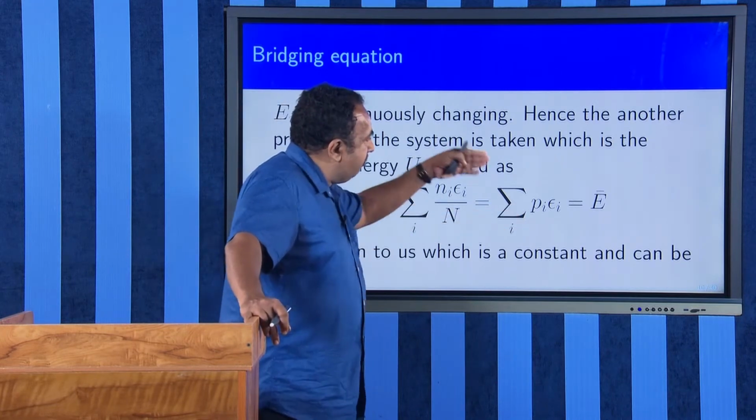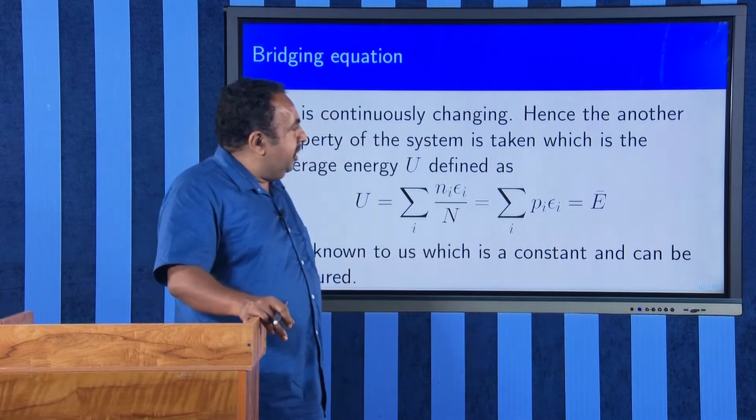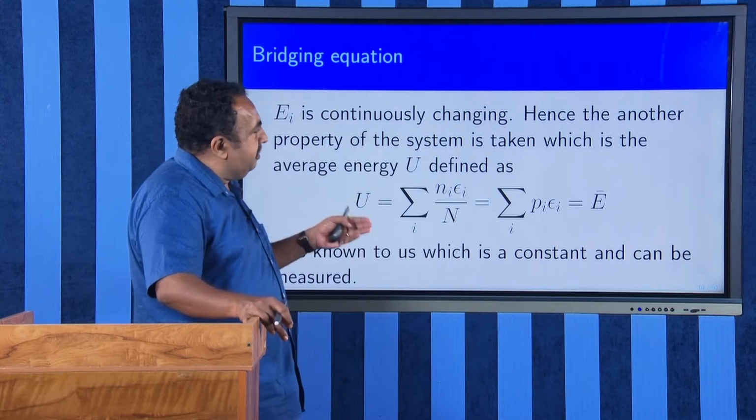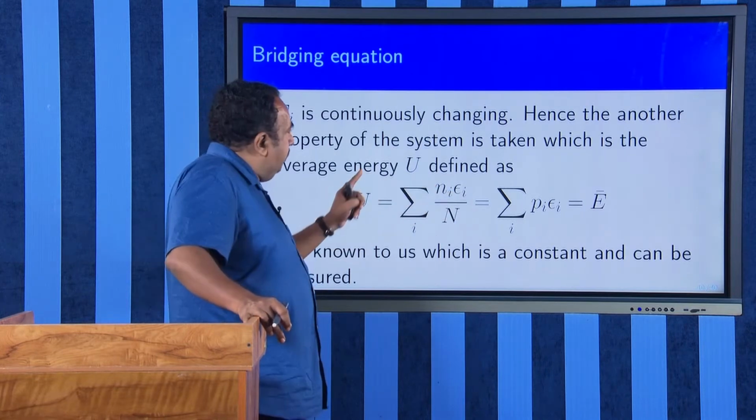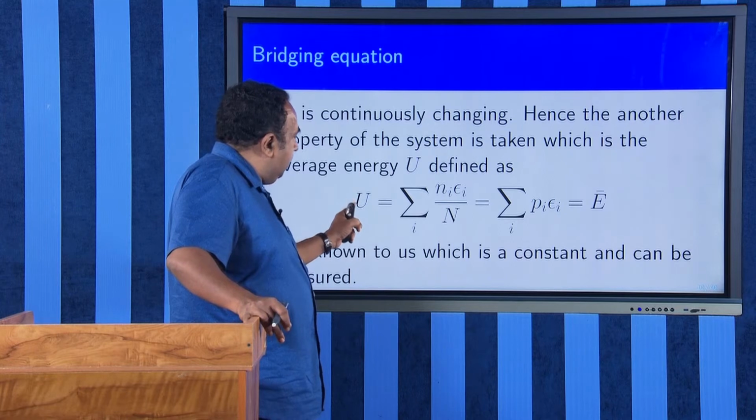Therefore, you can rewrite this equation as the sum over i of Pi epsilon i, and that is the average energy, represented by the letter U.